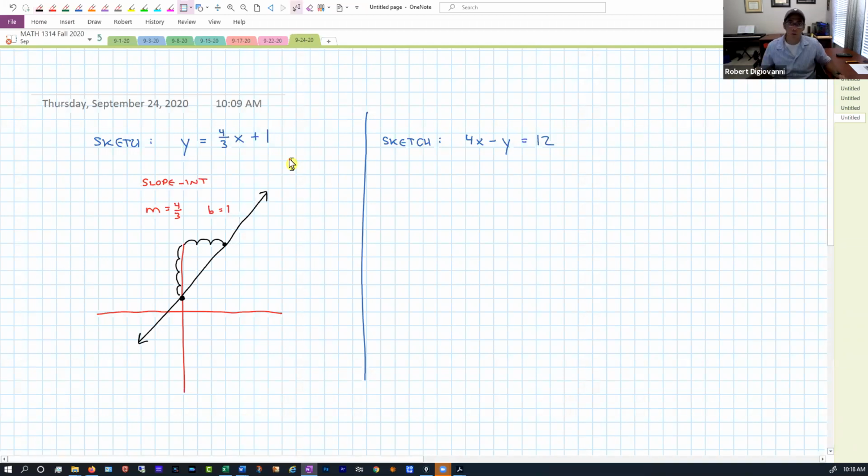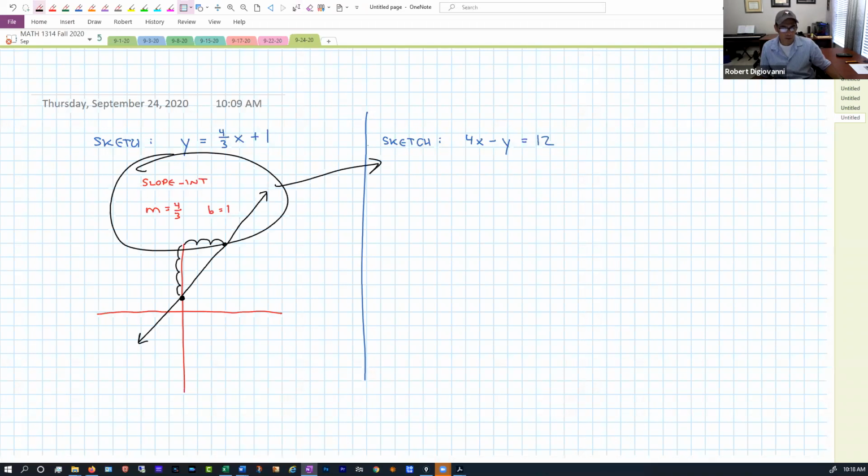So let's just do a quick little poll. On the second problem, how many of you did the slope intercept? How many of you did this method over here on that one? Anyone do that? So yes or no?